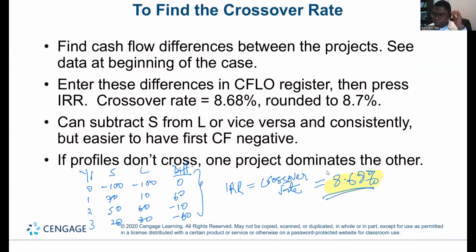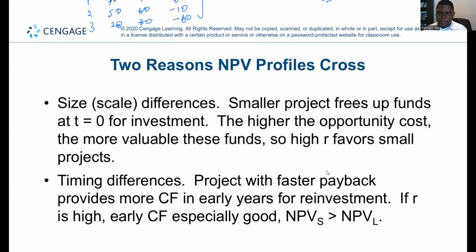And sometimes we can have NPV and internal rate of return that give us contradictory evidence. So we can calculate the crossover rate, and then we make a decision based on the point for which we have the WACC. We can clearly see which project is superior to the other project.